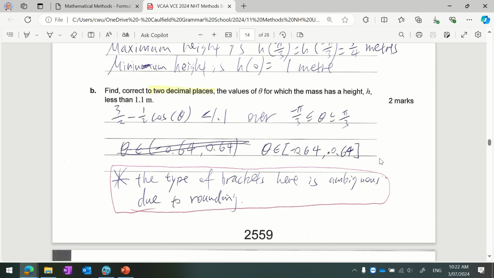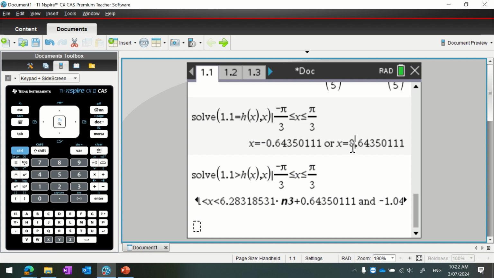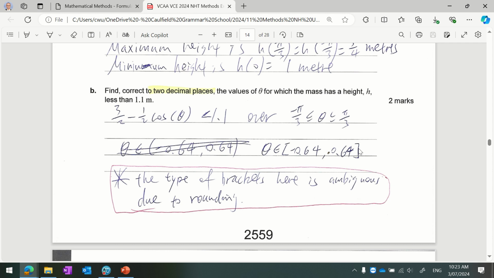Okay, so if you round this from 0.6435 to 0.64, typically, hypothetically, you should put inclusive brackets, because exactly at 0.64, you are at a height less than 1.1. That's what the question wants.